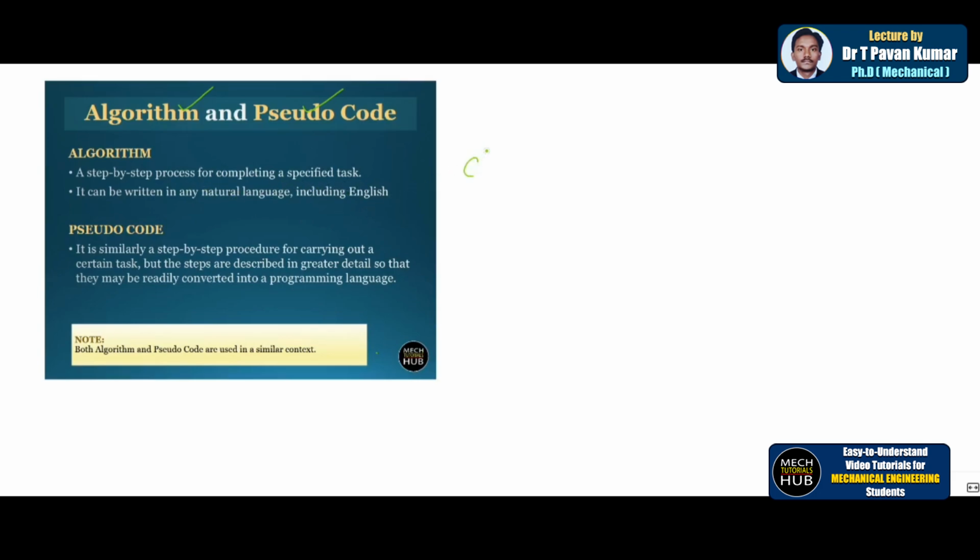Now, C language helps you with the help of code to complete your task. These days, other than C, you have other advanced coding languages, maybe C++ or Python. But the algorithm, as I said, from the 1960s, communicates with the computer in a step-by-step process.